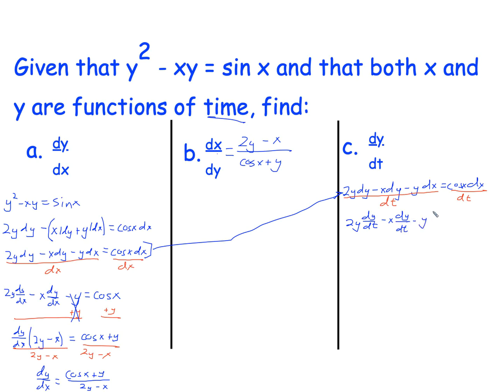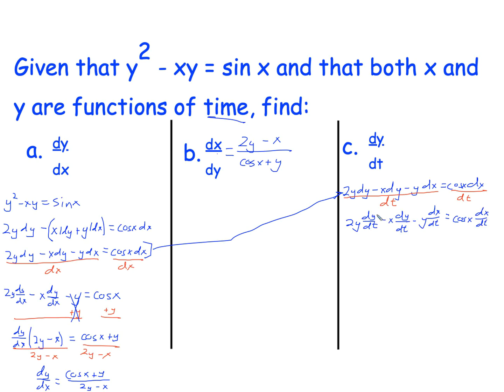We just have y dx/dt, and then cosine of x dx/dt. So we have these fractions in each term this time when we divide by something different, dt. The steps remain the same though.